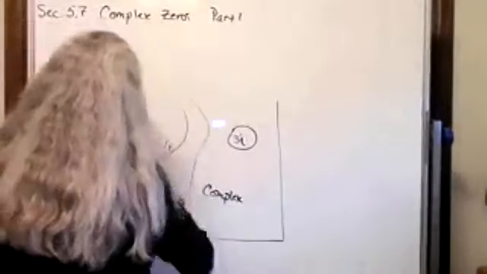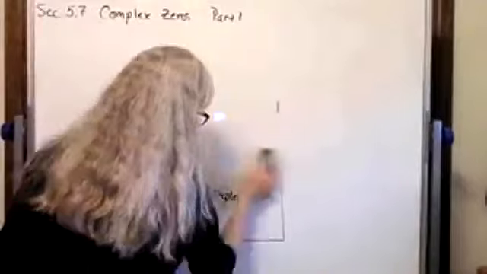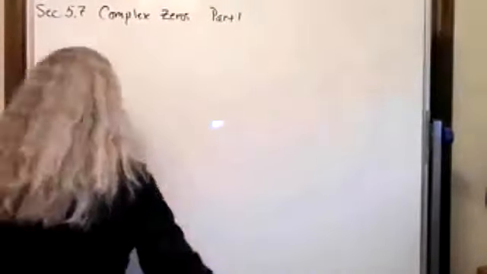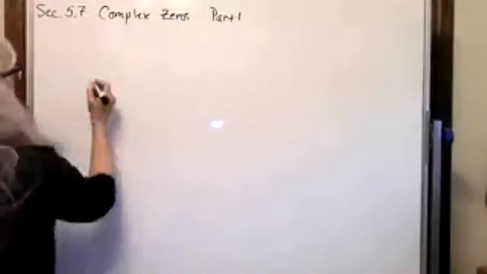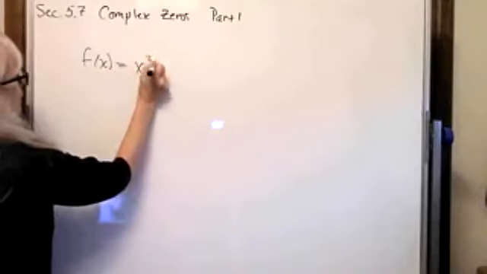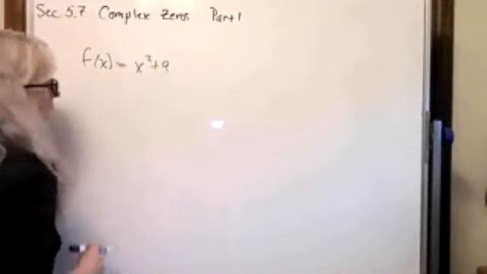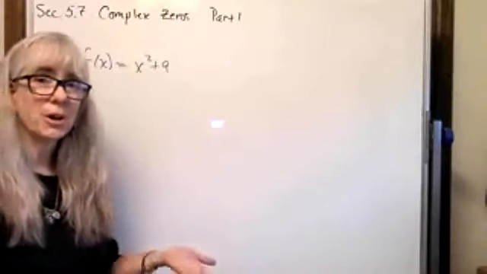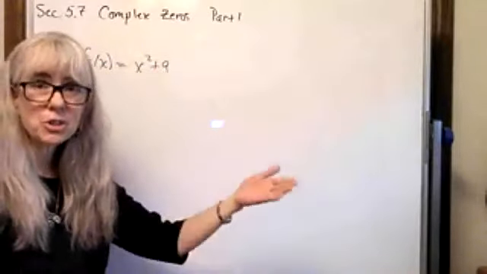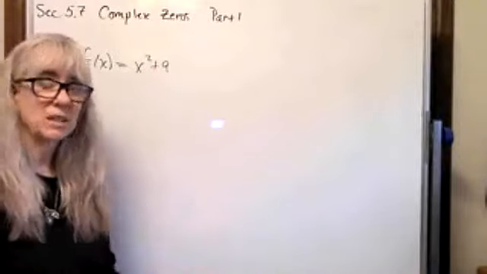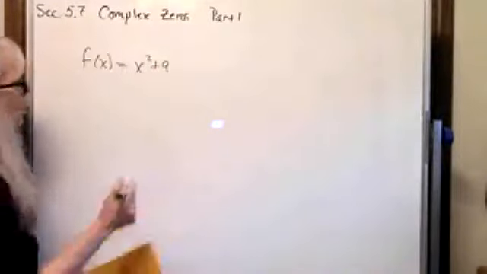To lay that groundwork, let's consider the polynomial function f of x is equal to x squared plus 9. In previous sections, we would just call this a polynomial function. In this section, we're going to call it a complex polynomial function. Again, it simply means the number system that we're dealing with in terms of an answer. So what are its zeros?